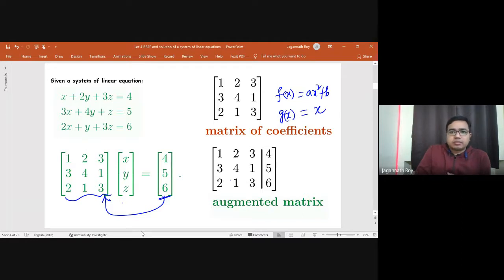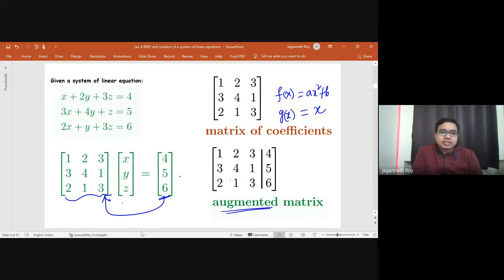Then if you write f of x plus some k times g of x, we can say that f is augmented. That means we are increasing the size, here of the function. So augmentation is increasing the size. If you want the dictionary meaning of augmented, you can find it.